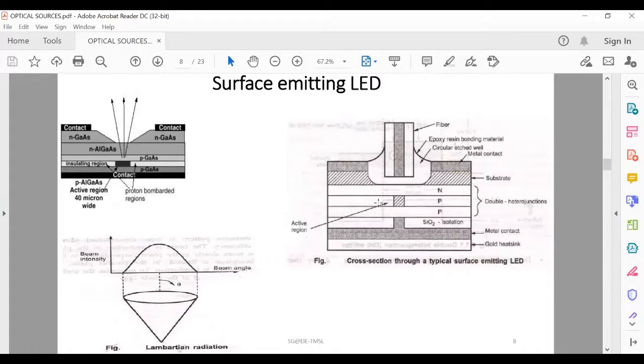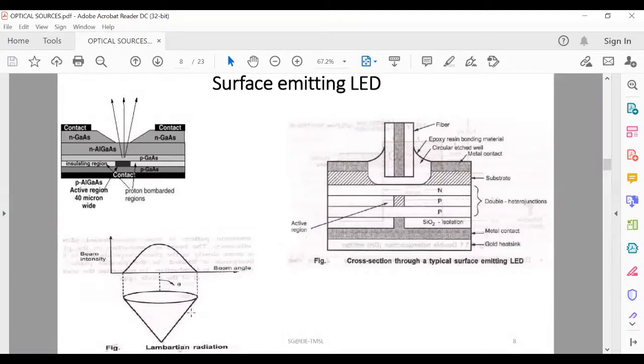So the emission pattern is also considered here as isotropic. Now, the isotropic emission pattern from the surface emitting LED is like this Lambertian pattern.